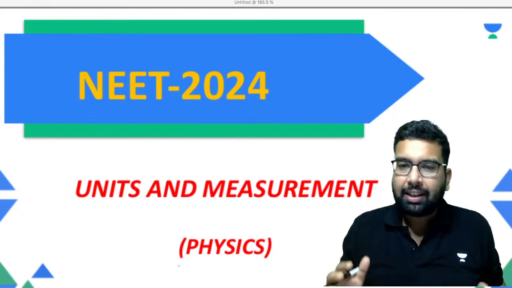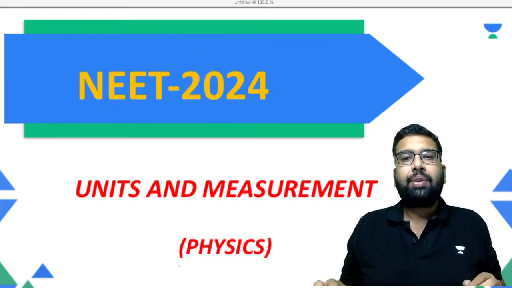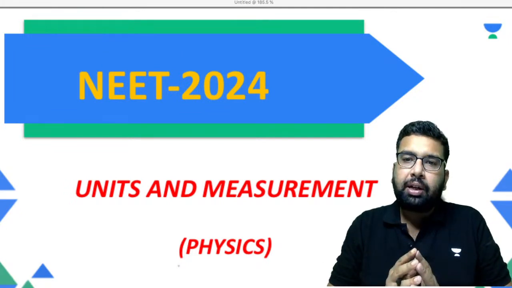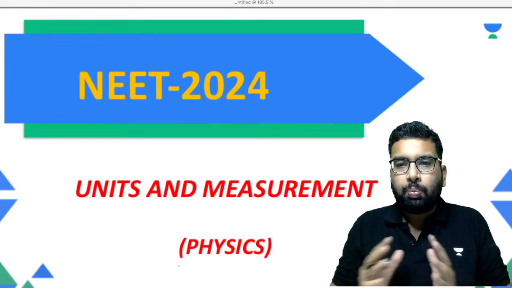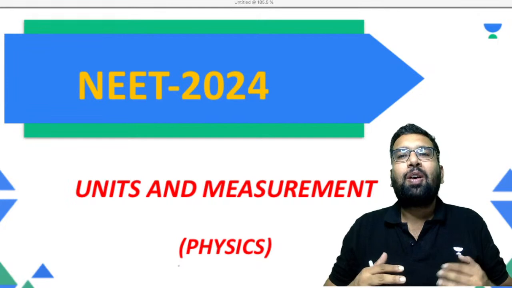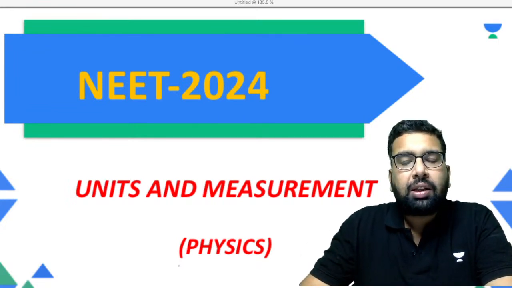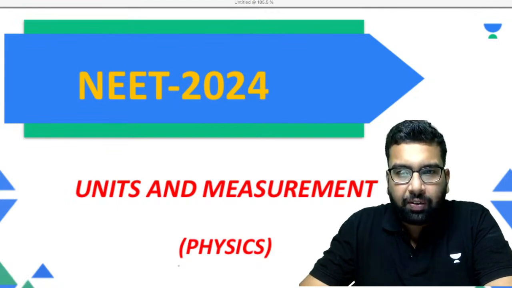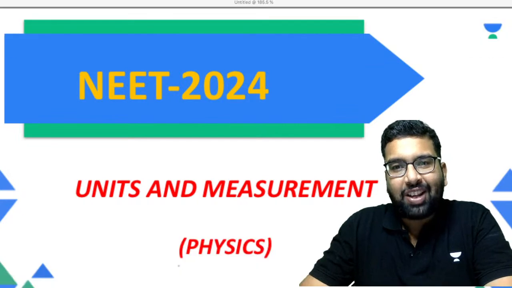In the last session, we completely understood significant figures: how to round them off, how to do multiplication, division, addition and subtraction of significant figures, and also the significance of significant figures and why they are important in the world of physics.